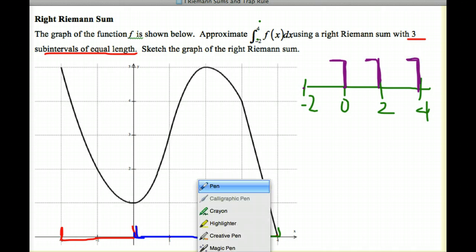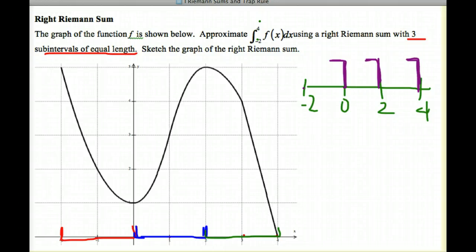Then I'm going to color in those same rectangles on this spot. According to this, my first rectangle happens when I hit 0. So I'm going to draw a line until I hit the graph, and then I'm going to connect it to this side to create that rectangle. So this rectangle was created by using the right side to draw the graph. I do the same thing for the second rectangle, and I notice that happens at number 2.